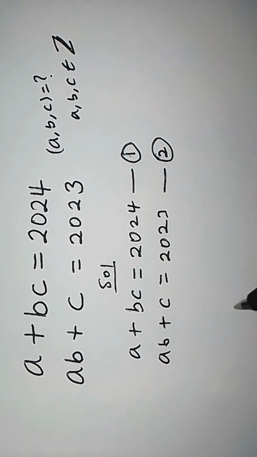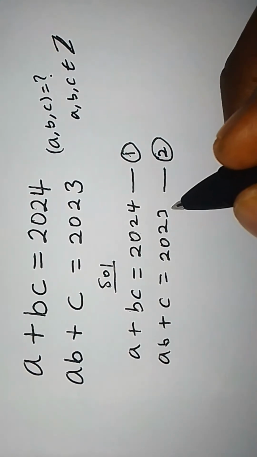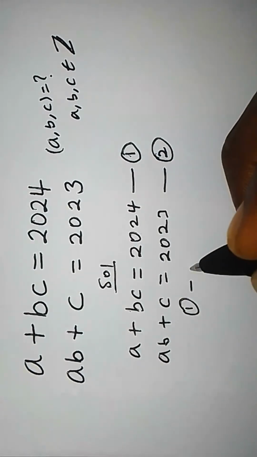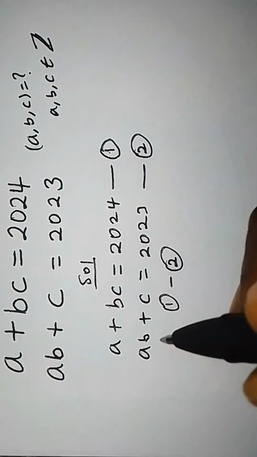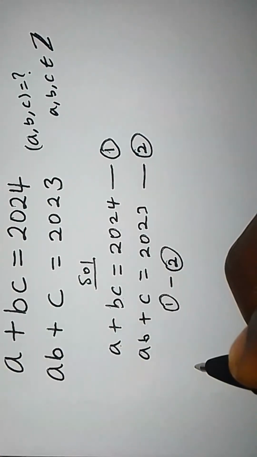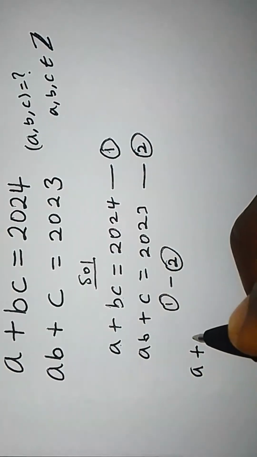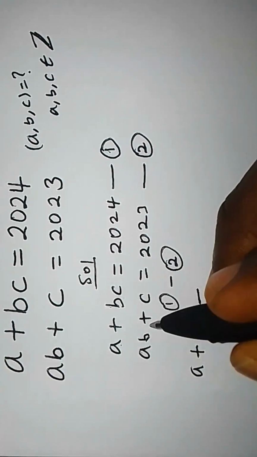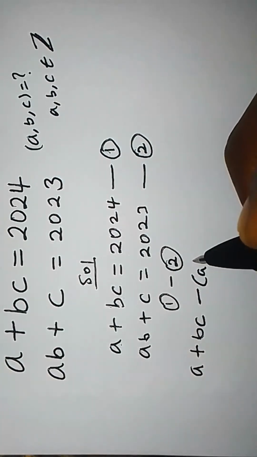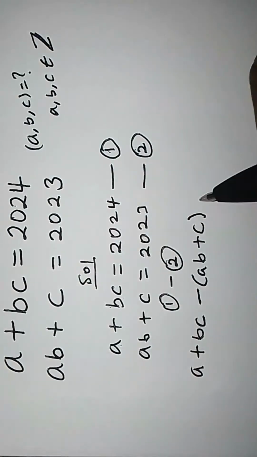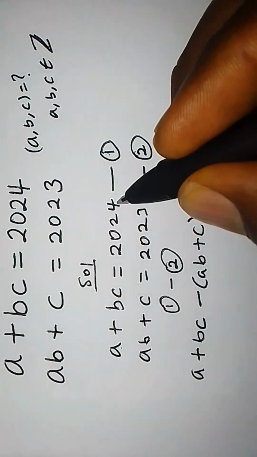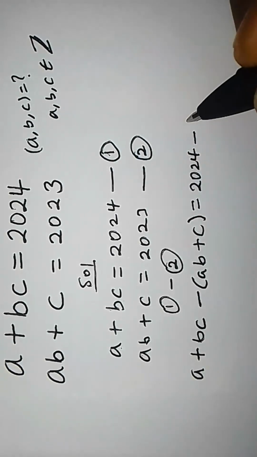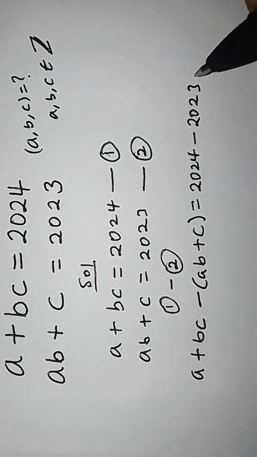The first thing we are going to do is to subtract equation 2 from equation 1. That is equation 1 minus equation 2. The left hand side of equation 1, A plus BC, minus the left hand side of equation 2, AB plus C, equals the right hand side of equation 1, 2024, minus 2023.